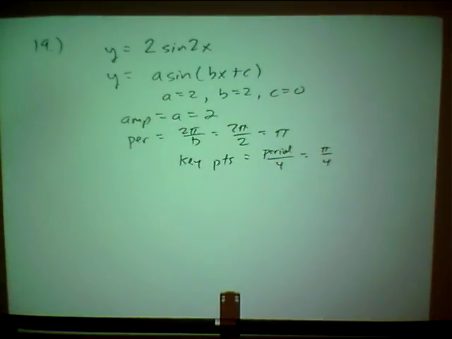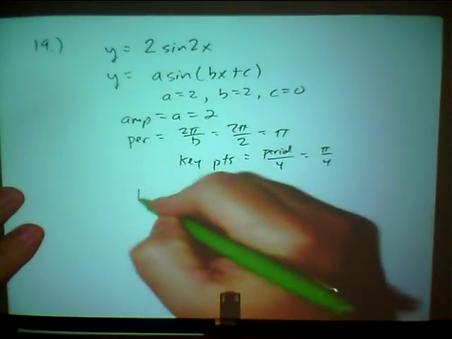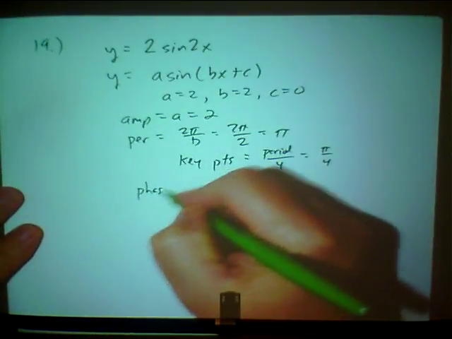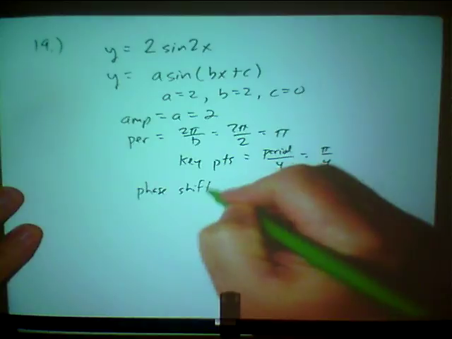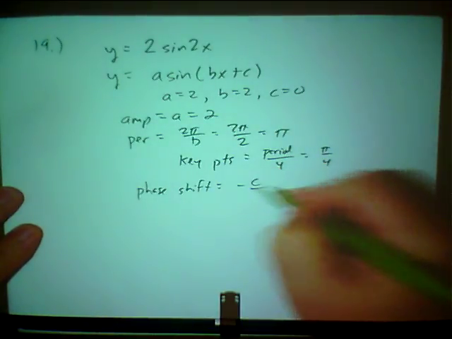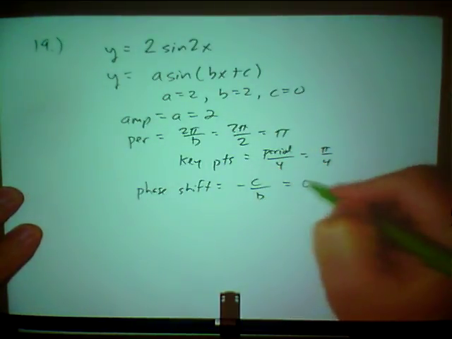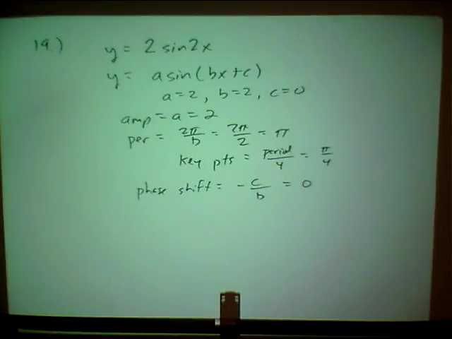So when I go do my graph, my tick marks on my x-axis are going to be every pi over 4. Now the phase shift is negative c over b, but since c is 0, there is no phase shift.